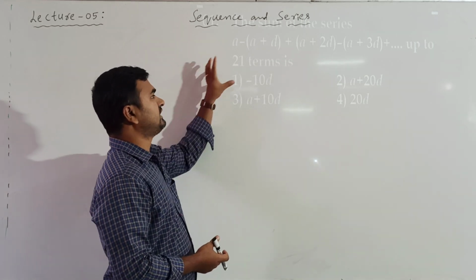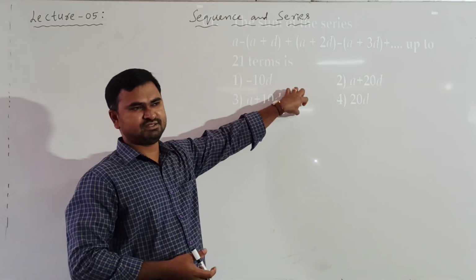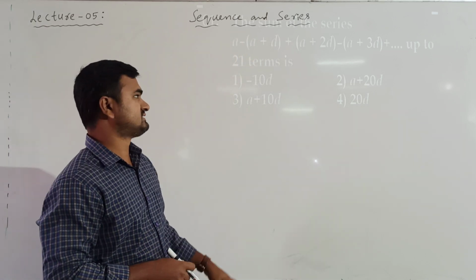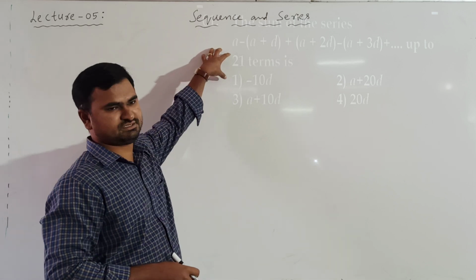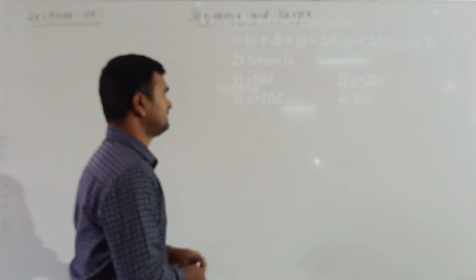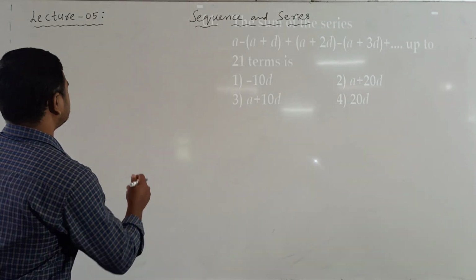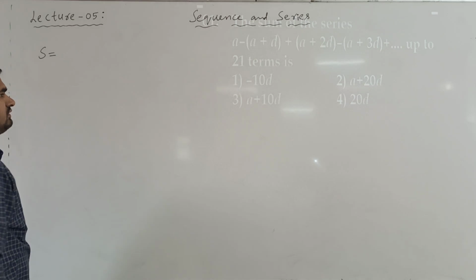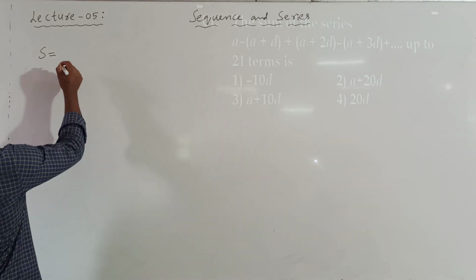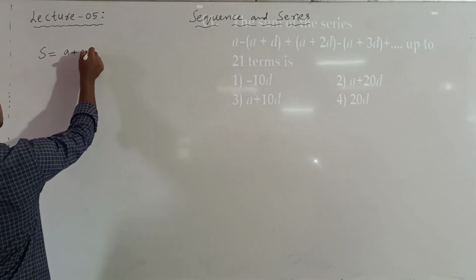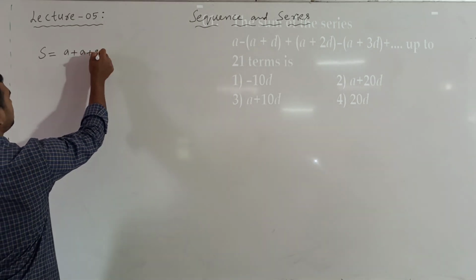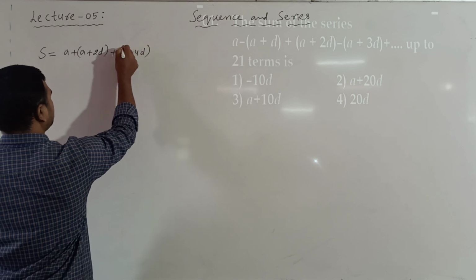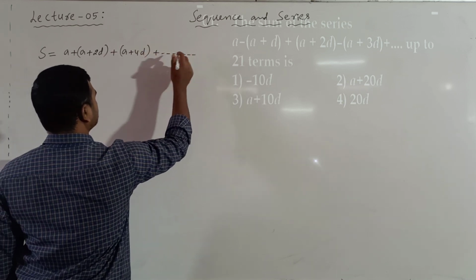So instead of directly taking the summation, we group these terms into two types. One is odd terms, another is even terms. Let us take the summation as S. I will group odd terms first: a plus 2d plus a plus 4d and so on.